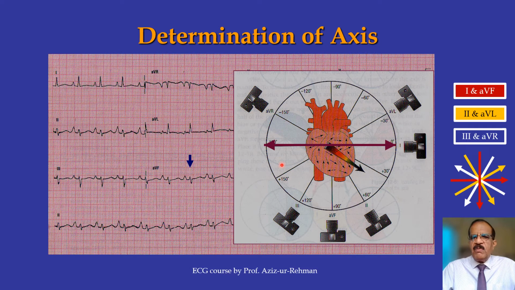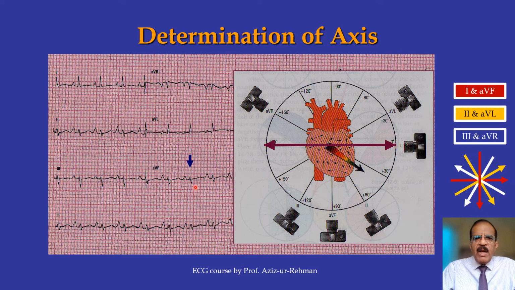This arrow has heads on both sides because it could be in this direction or this direction. So far we do not know. We only know that the axis is at right angle to AVF. AVF is like this and at right angle is lead 1, so we know that the axis is along this line.